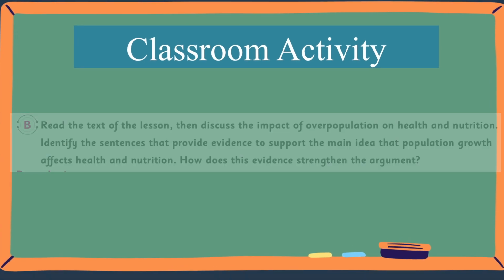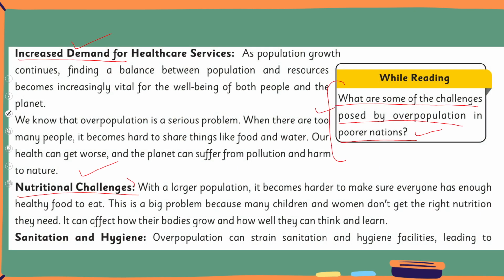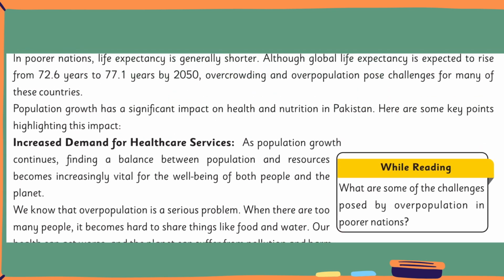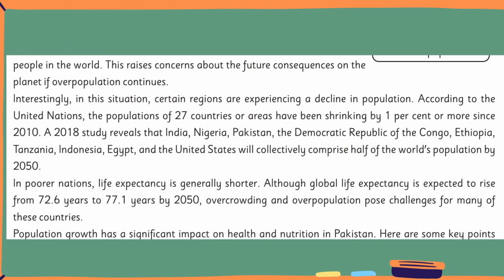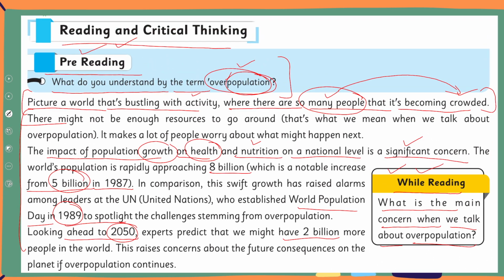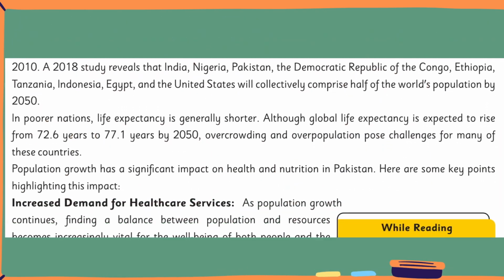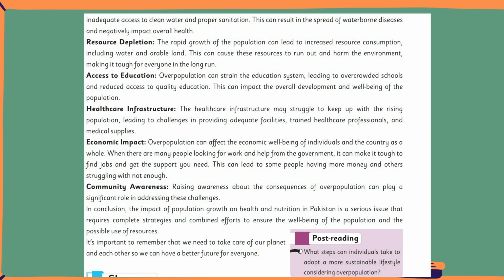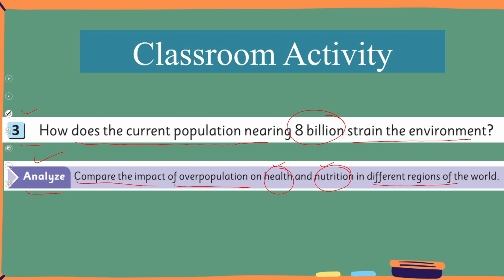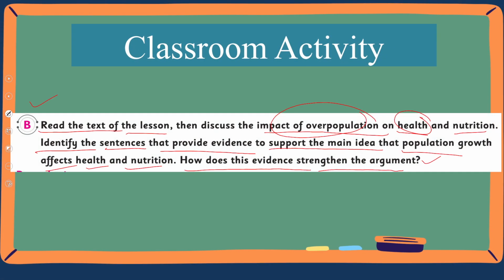So students, if we go back and look for the text that talks about nutrition, we can write our answer from this paragraph, and also the health and nutrition concern, the impact, this line is also very much important, and you can find other challenges, resources, healthcare and all these things.